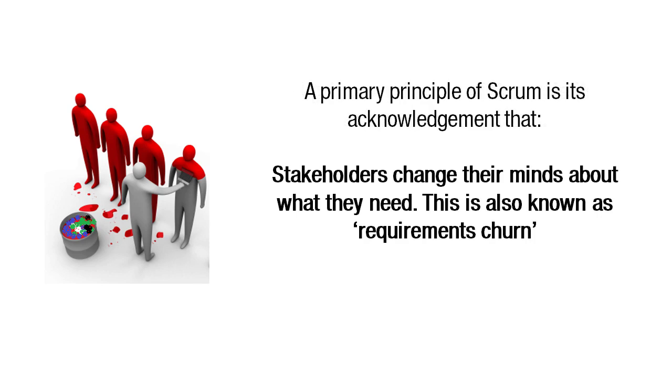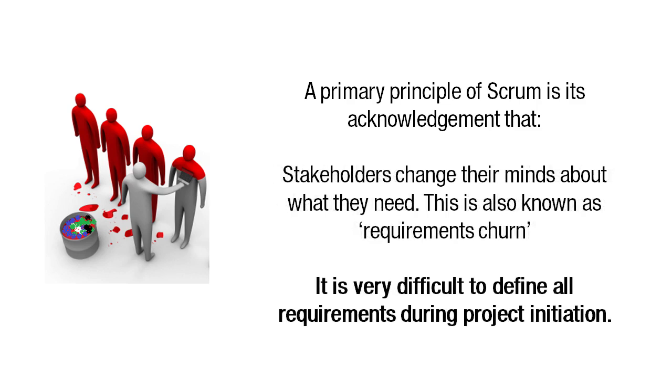A primary principle of Scrum is its acknowledgement that A. business stakeholders, such as customers, users, and sponsors, do change their minds about what they want and need throughout a project, sometimes referred to as requirements churn, and B. that it is very difficult, if not impossible, for business stakeholders to define all requirements during project initiation.